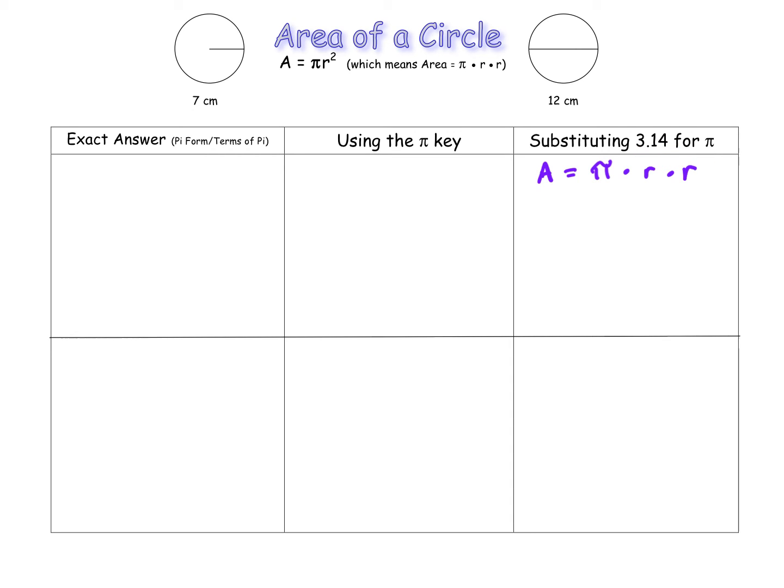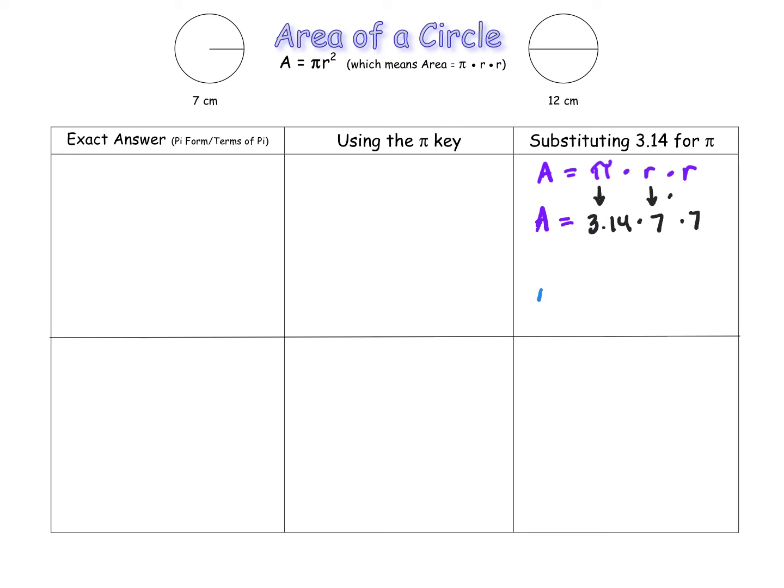So the next line, we get to fill in pi with 3.14, and then we get to fill in the radius with the number 7 from that first circle above, and we do that twice. So now we have all numbers: 3.14 times 7 times 7. So would you stop and use your calculator and figure that out?